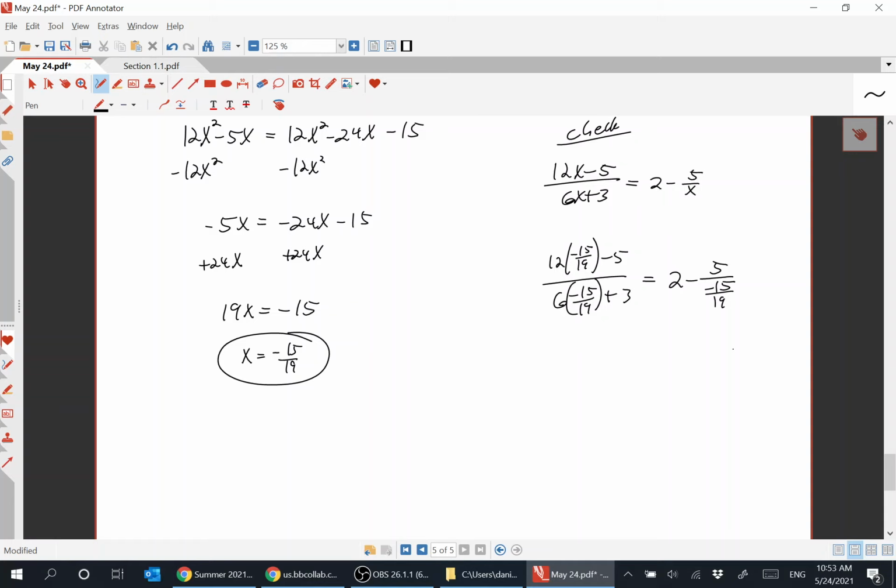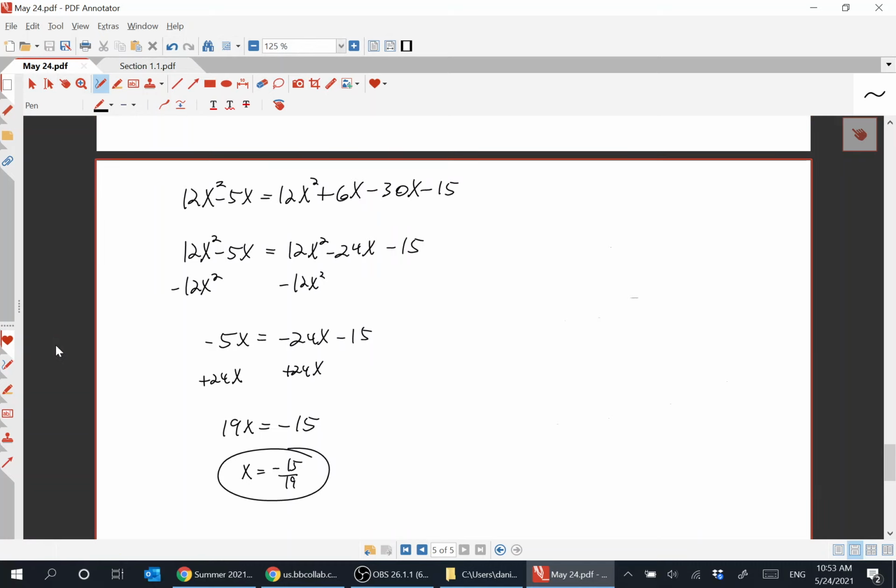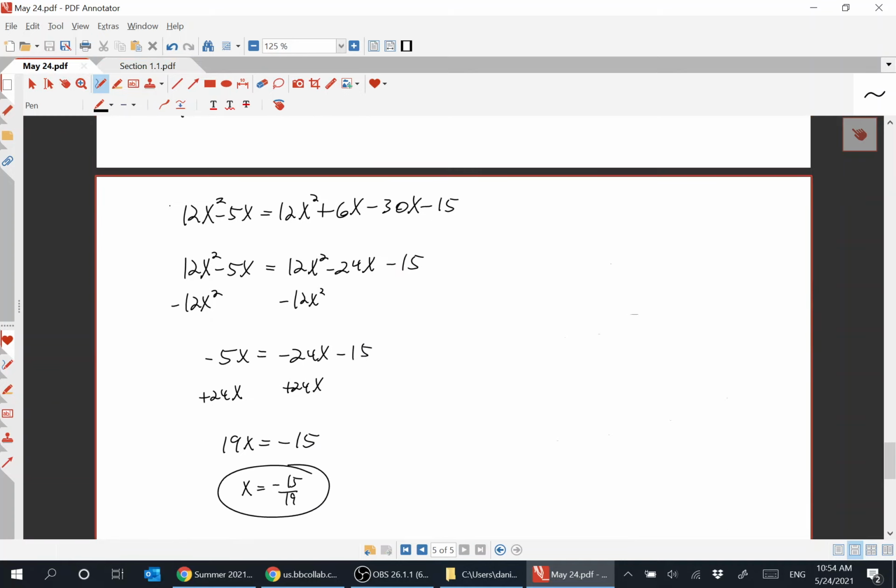No, that's right. Yeah, that's right. I'm not going to go through the check because that's just too much like arithmetic, but it's actually correct. Normally, like in a text, they don't throw really nasty fractions at you like that, because it's hard to check the answer, because you just end up dealing with fractions a lot, which is not a good use of time. But this is actually correct. So not a well-designed problem.